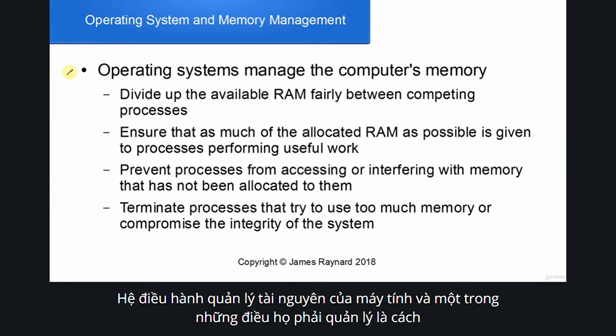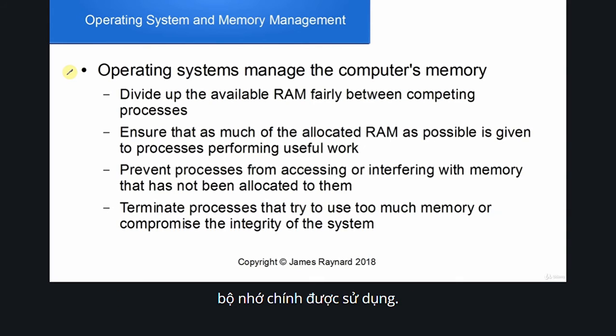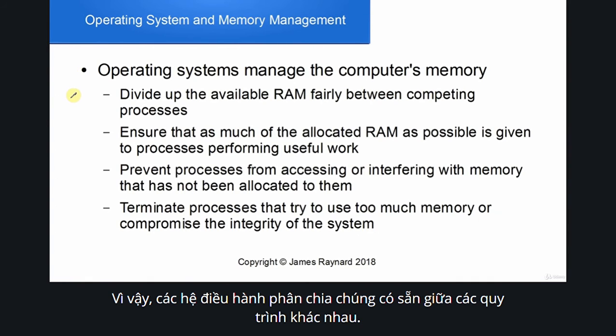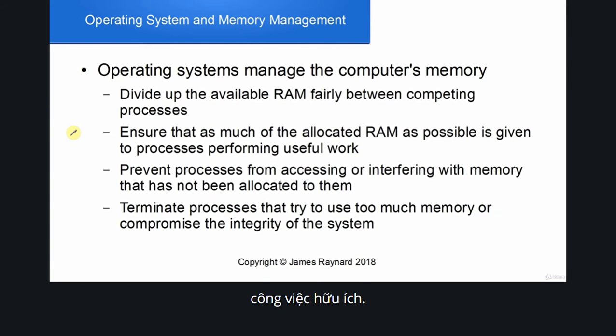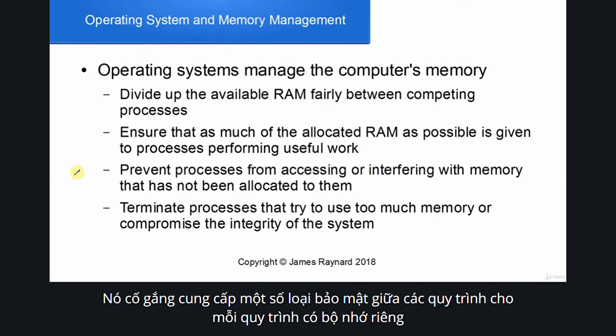Operating systems manage the computer's resources, and one of the things they have to manage is the way that the main memory is used. So operating systems divide up the available RAM between different processes. They try and ensure that as much of the RAM as possible is given to processes which are performing useful work. It tries to provide some kind of security between processes.